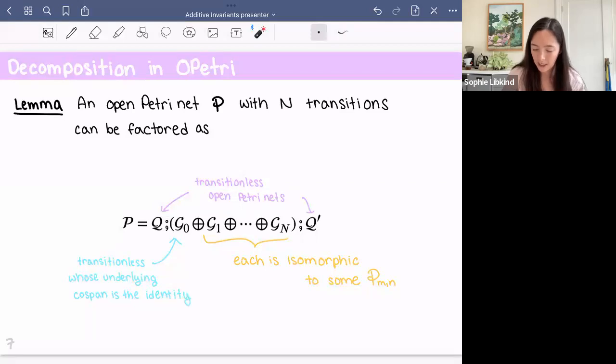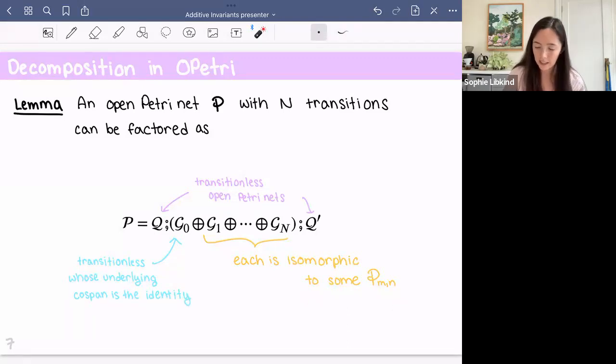It's going to be the composite of Q and Q prime, and these are going to be transitionless open Petri nets, with G0 through Gn. G0 is special: it's transitionless, and its underlying cospan is the identity, so in fact G0 is an identity morphism in open Petri nets. And each of G1 through Gn is isomorphic to one of those canonical open Petri nets P sub mn.